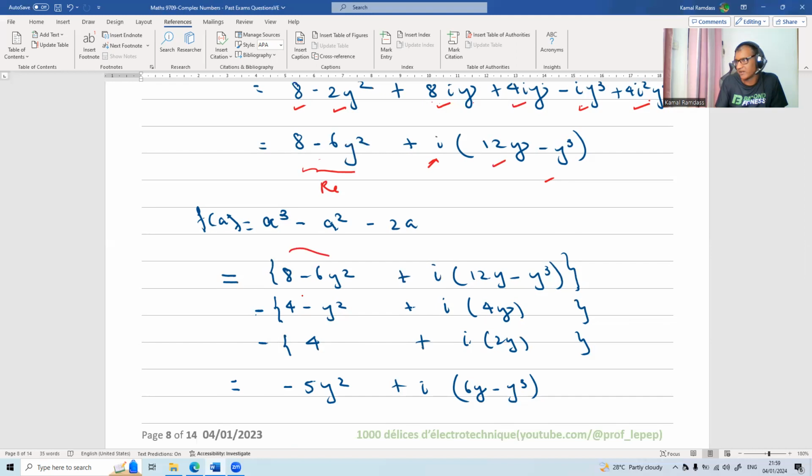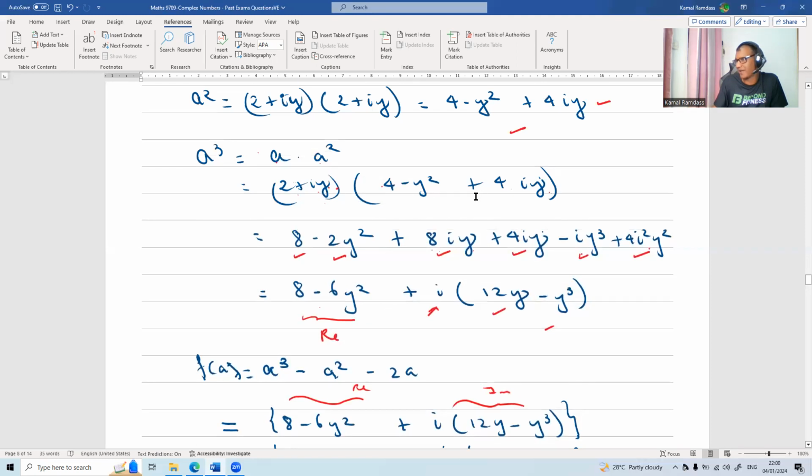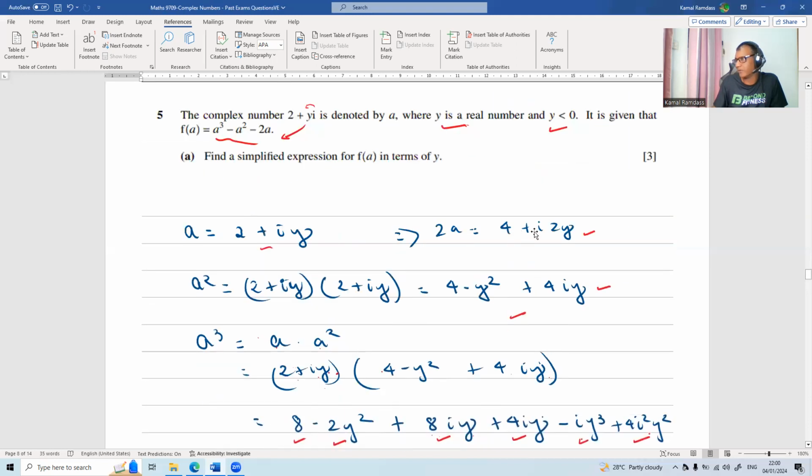Tout ça là, c'est real part. Et ici, je vais mettre un imaginary part. 8 minus 6y square plus I times 12y minus y cubed minus, en bracket, a square, et je mets sur real part là, 4 minus y square plus I 4y, et minus de 2a, 2a c'est 4 plus I 2y.